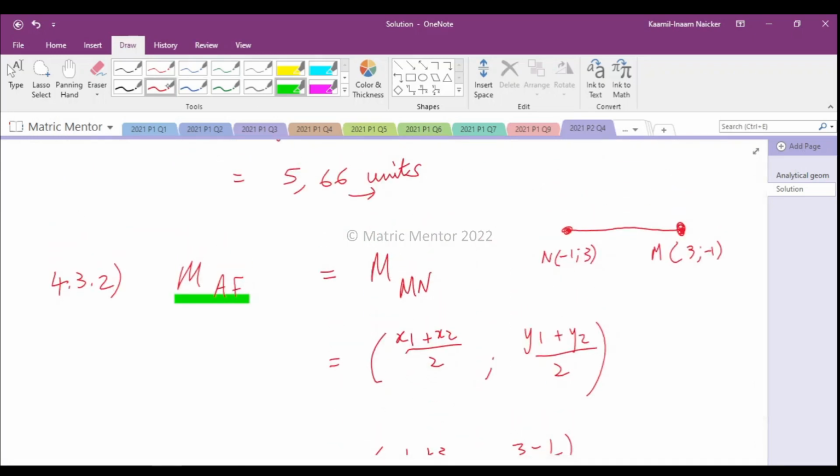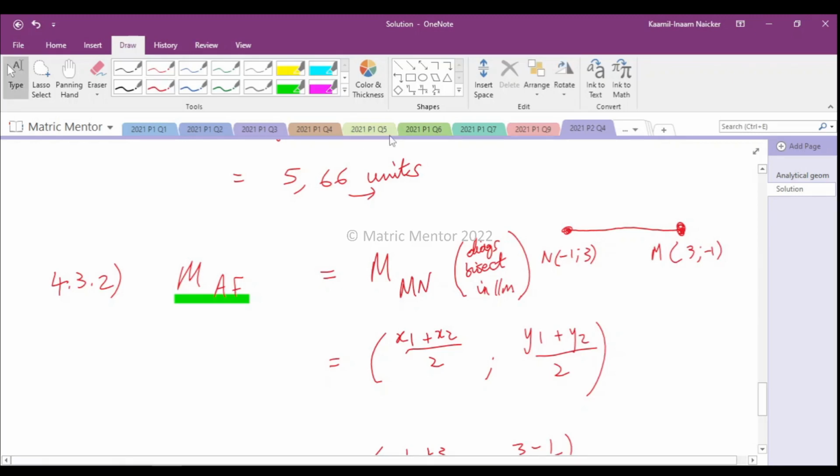If you want to, you can put a reason here. Why is the midpoint of AF and MN the same? Because you can say diagonals bisect in parallelogram, because we know that the diagonals in a parallelogram always bisect each other.